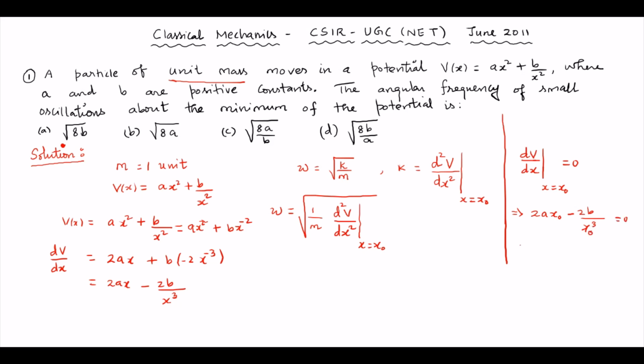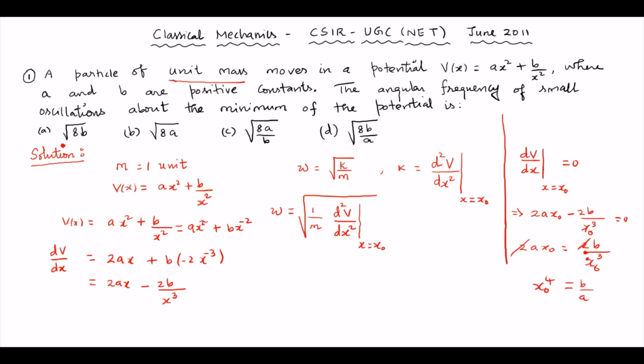So 2a x naught is equal to 2b by x naught cube. Therefore x naught power 4, with the 2 getting cancelled, is equal to b by a.